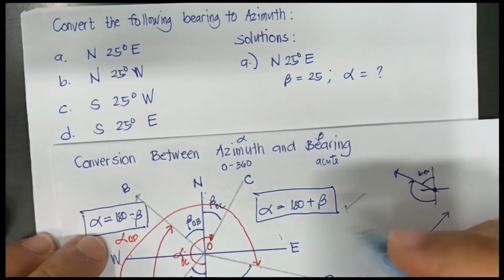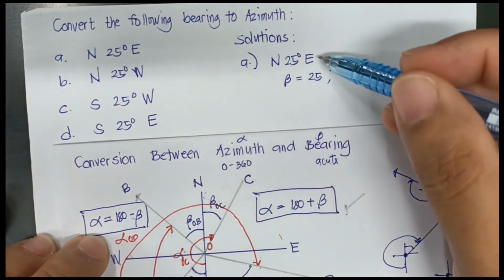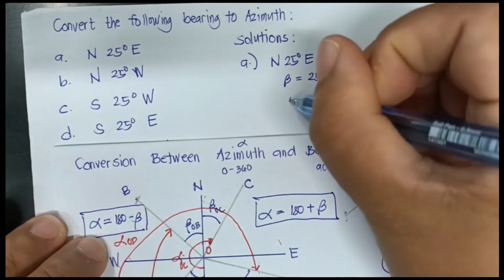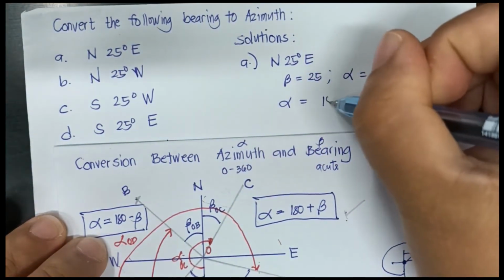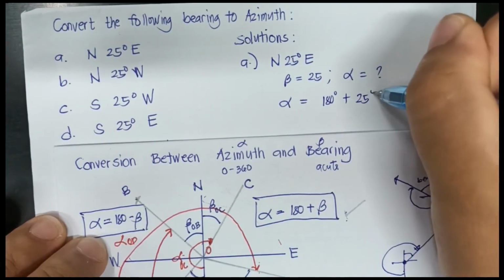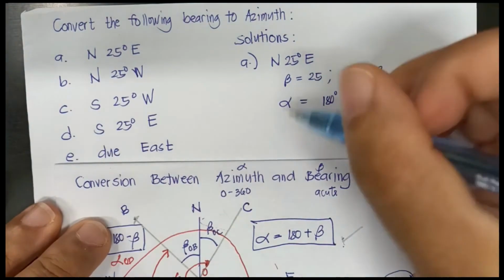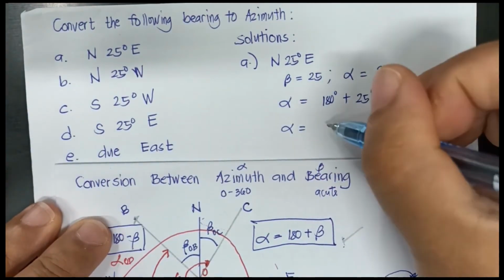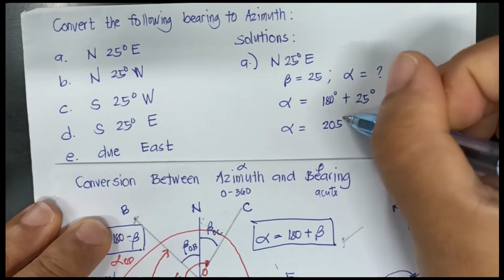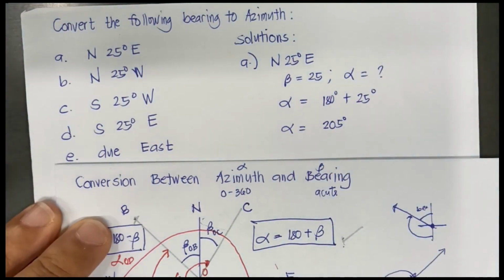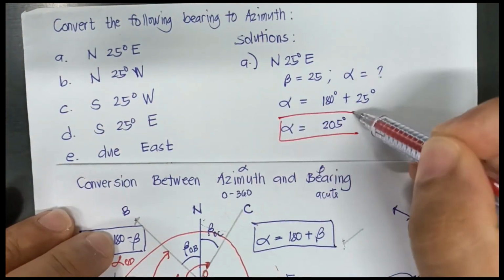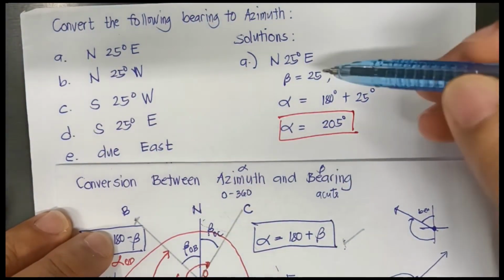Because it's in the northeast quadrant, alpha is equal to 180 degrees plus the 25 degrees, that is equal to 205 degrees. This is the azimuth from south, the equivalent azimuth of this bearing.